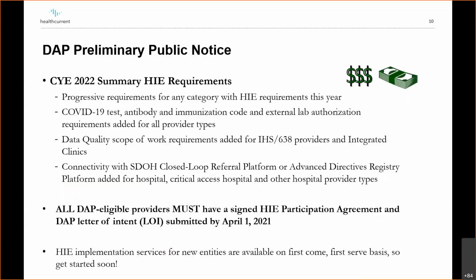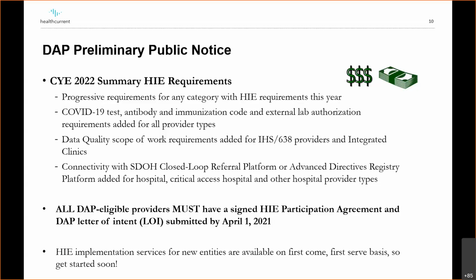So just to summarize the DAP requirements for CYE 2022. If this is your second or third year in the DAP program, these requirements are progressive. You'll notice that each year they add on just a little bit more as far as integration and quality goes to meet these DAP HIE requirements.